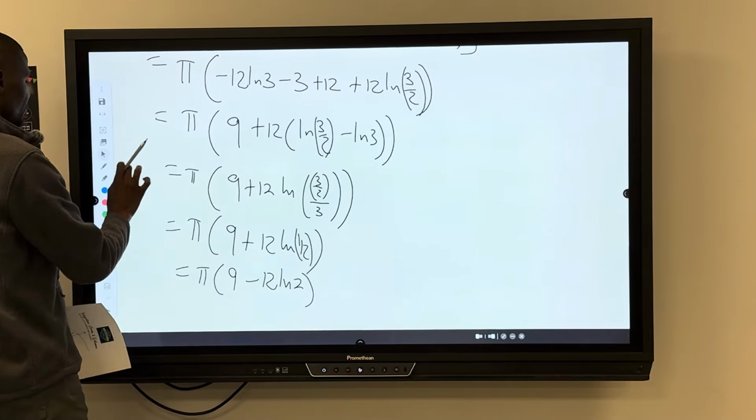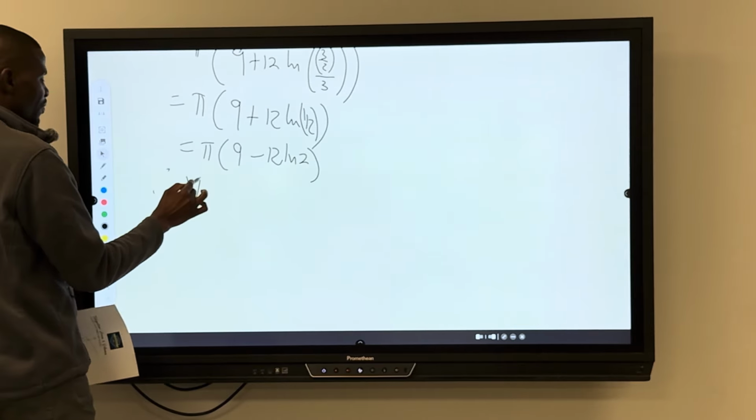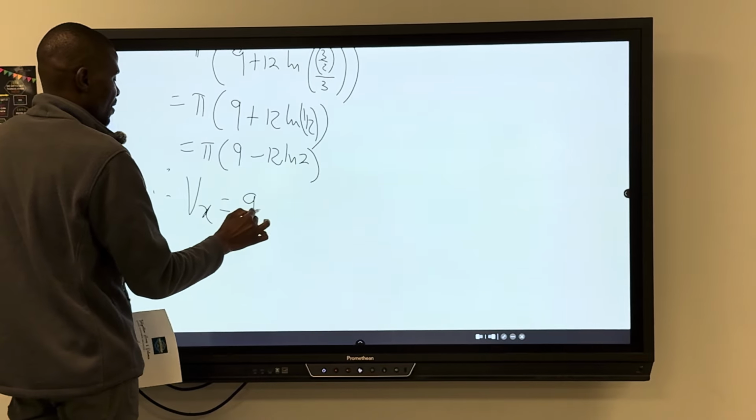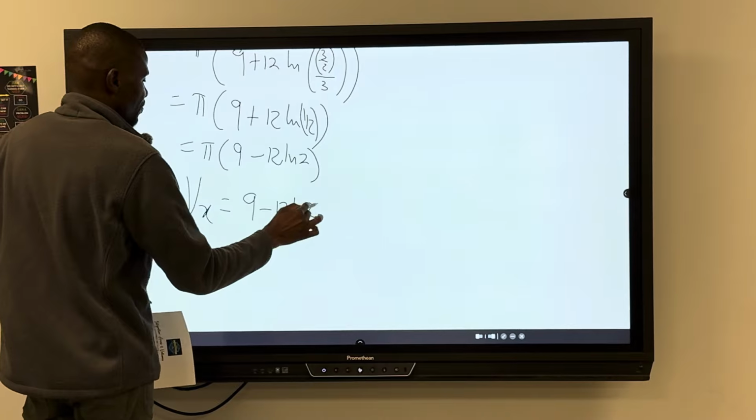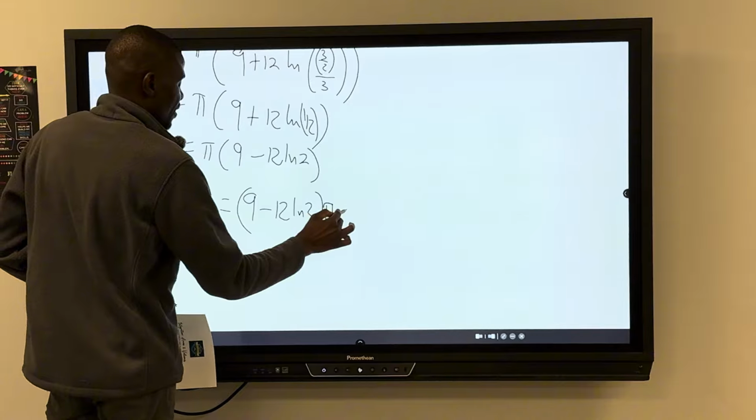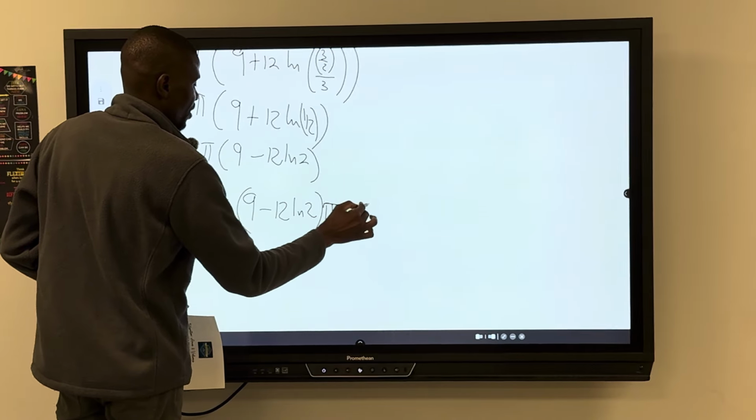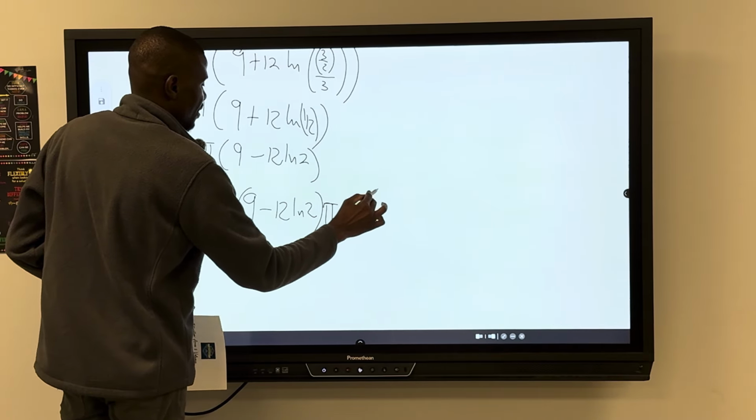So therefore the volume in X is equal to 9 minus 12 natural log of 2, times pi, cubic units, right?